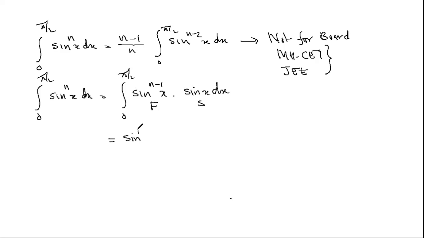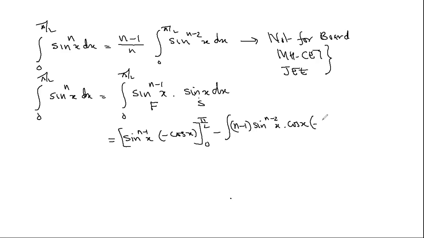First function as it is. Integrate sine x, directly write minus cos x. We will not waste our time. Put the limit. Minus integral of the derivative of first, differentiate it, times the integral of second, sine x dx.